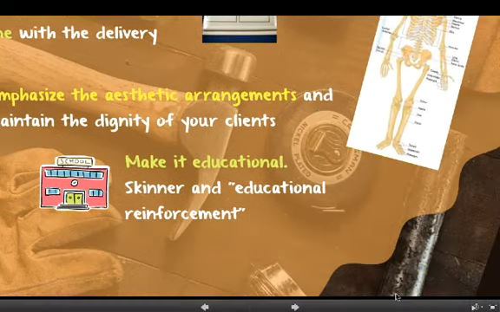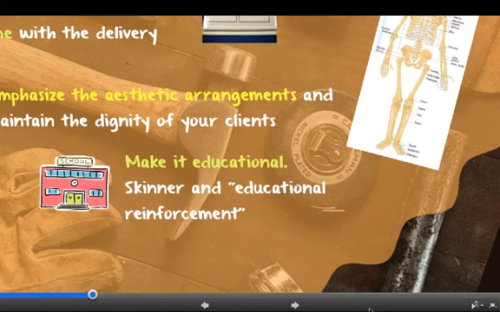I just want to point out, and I find this fascinating in Skinner's work in the notable book, Science and Human Behavior. One of the things that he talked about on a couple of occasions in the book, he used the term educational reinforcement. And the example that I just gave you is a prime example of educational reinforcement. Why? Because it's reinforcing.